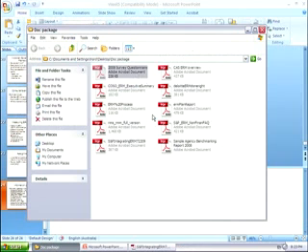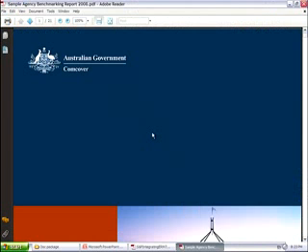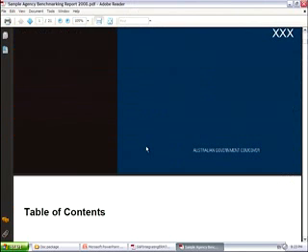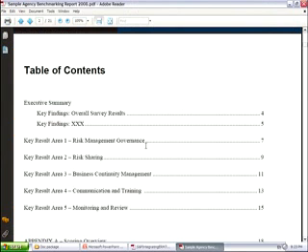Now, this one here. Okay, so this is sample agency benchmarking report. This is what pretty much comes out of the questionnaire. Sometimes the questionnaires are also followed up with interviews, phone interviews, I think in this case.